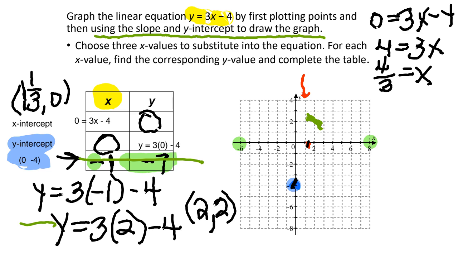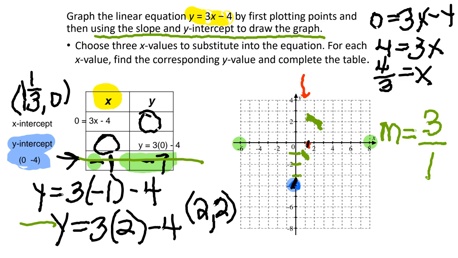My slope is 3, but I've got to put a 1 under it because a slope is a fraction. From this blue dot, I go up 3. 1, 2, 3 over 1.